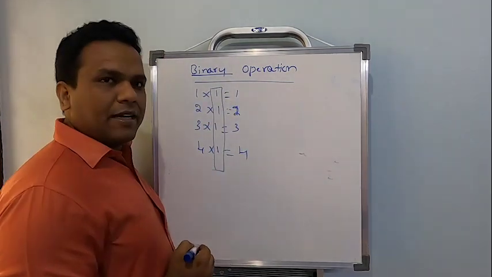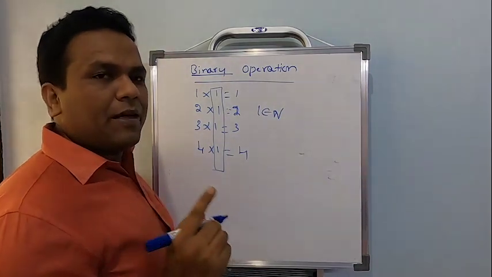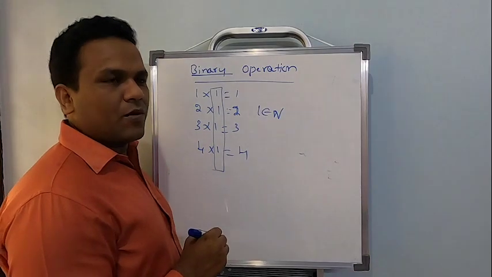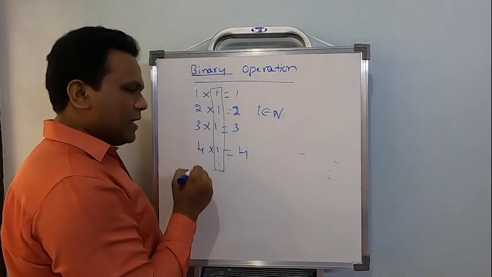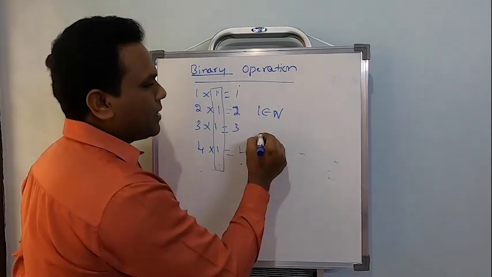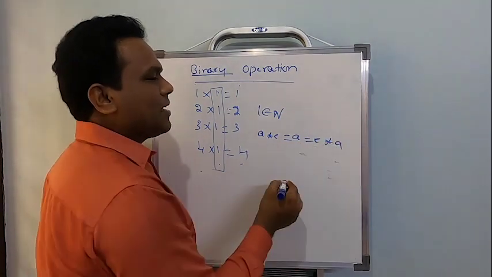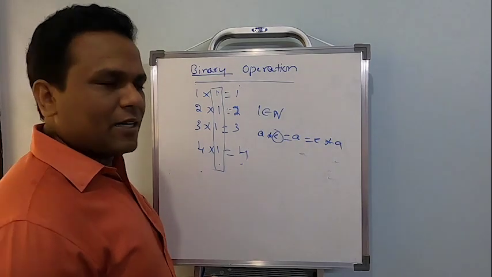This one particular element, which is from the set of all natural numbers, will behave as the identity element under multiplication. One particular element from the given set, whenever you multiply with any natural number, you will get back the same natural number. So that is the property a star e is equal to a is equal to e star a. This particular element e will be called the identity element.